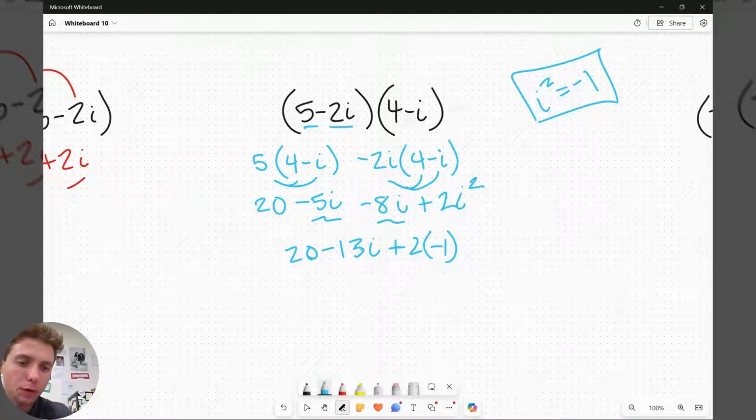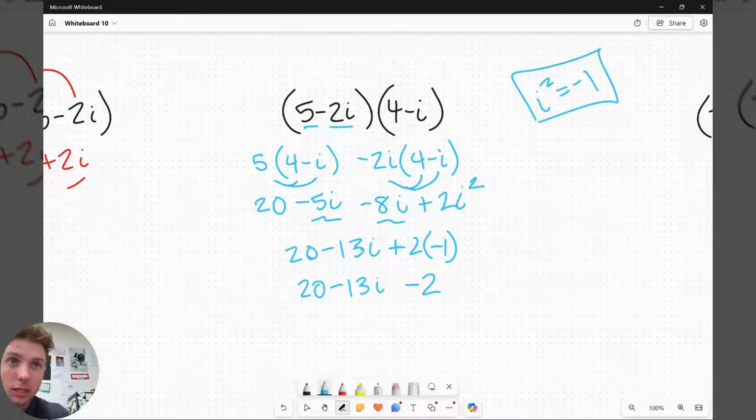Make sure you put it in parentheses to show the multiplication. 2 was multiplying with i squared originally, so the 2 should still be multiplying with negative 1 now. 2 times negative 1 is negative 2. I didn't do anything with these other terms, so they still come down. Then we have some like terms we can combine. 20 minus 2 gives us 18, and now we get our final answer.